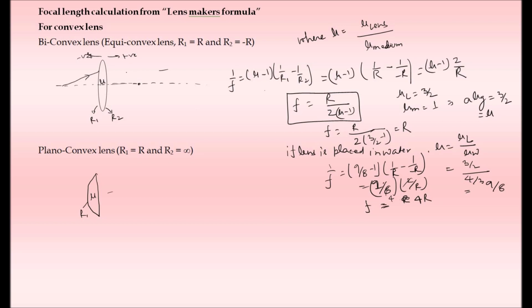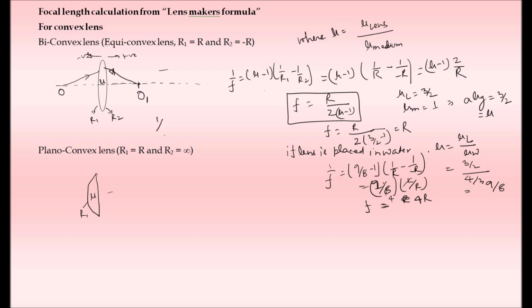Now we will see the second concept: if the light ray is coming from this way. Instead of placing the object at point O the first time, now we place the same object at point O1. Then the incident light ray moves in this direction, and we calculate the value of focal length by using the lens maker's formula.